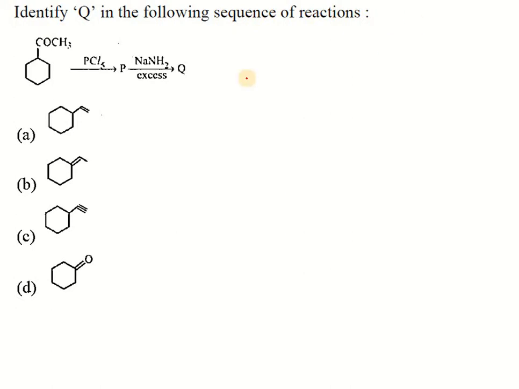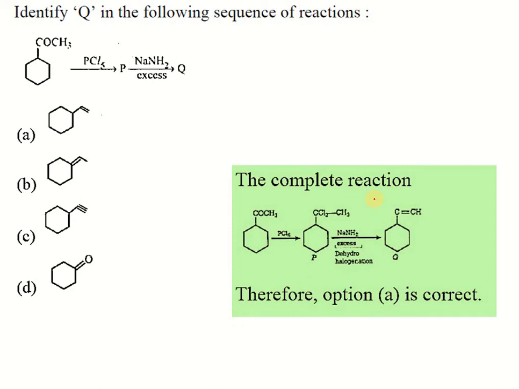Identify Q in the following sequence of reactions. We have a ring with COCH3, given PCl5 treatment, after that sodamide, sodium amide reaction in excess. On observing these reactions, it is very clear that a triple bond will be formed after the treatment with sodium amide. In the first reaction, COCH3 will convert into CCl2CH3 after treatment with PCl5, which is a chlorinating agent.